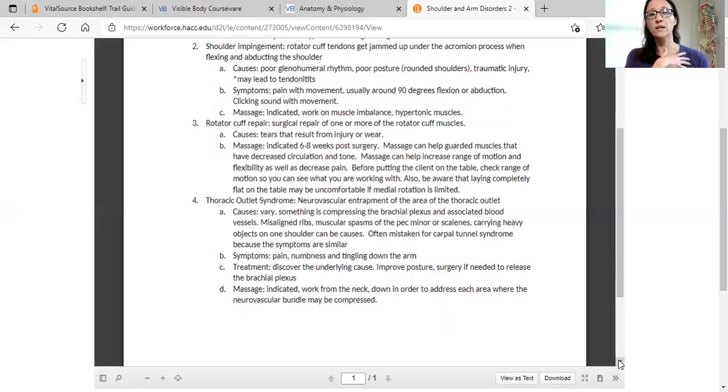Then it goes underneath the clavicle, then underneath pec minor, then over to coracobrachialis, and then it branches off down the arm. So anywhere in where I just described, the brachial plexus can be compressed or pinched. And if that happens, then you get symptoms of pain, numbness, and tingling down the arm, okay?